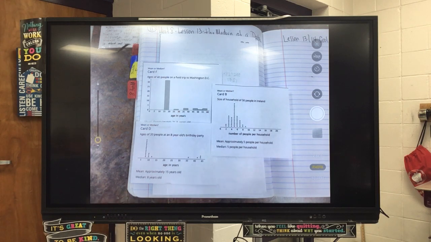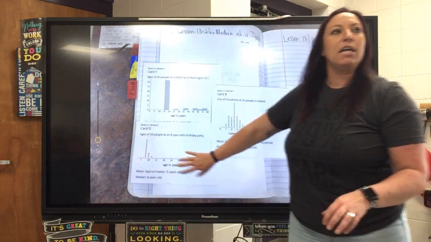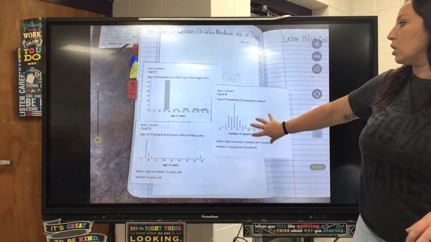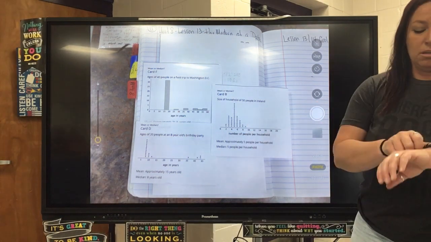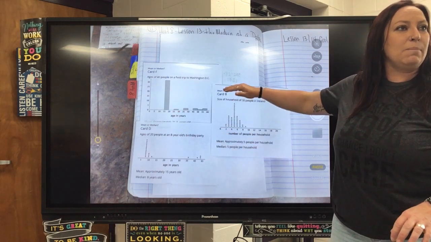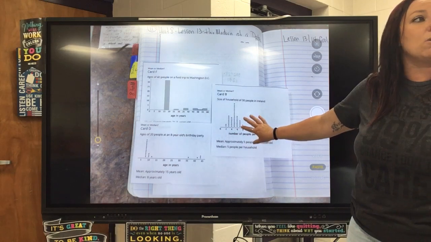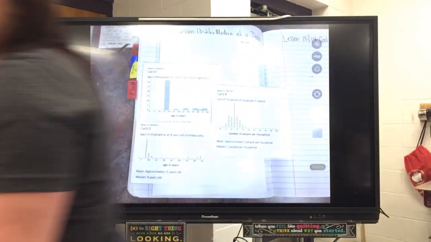Because with the other card F and D, they are mostly on one side, and card B goes up and then down. Right, so the difference between F and D is the data is very high here and then low over here. Card B, all of our data is very symmetrical. It goes up about the same, goes to a point, and comes down about the same. All right, so card B does not fit with these two other cards.